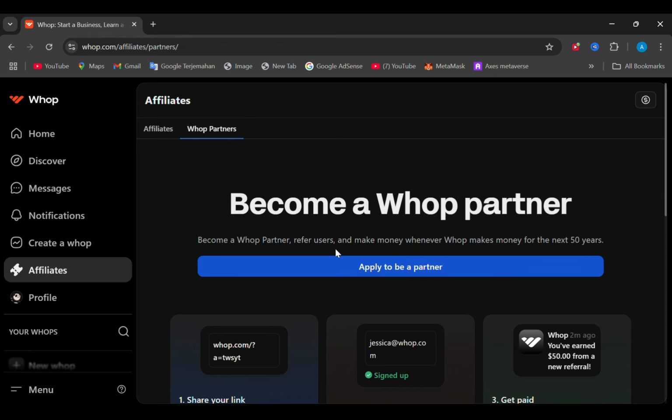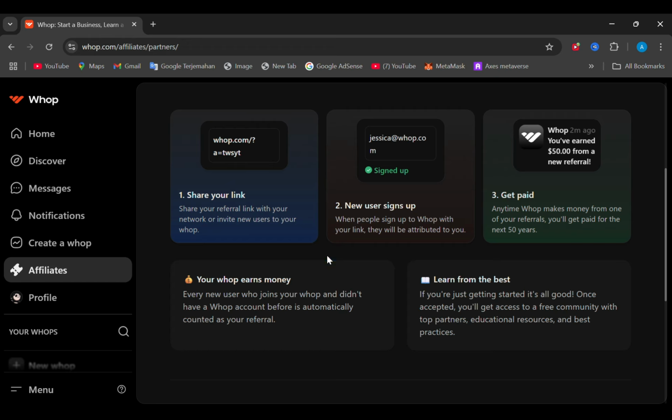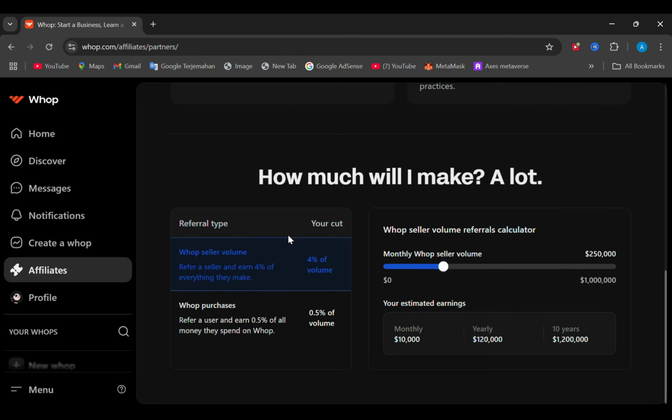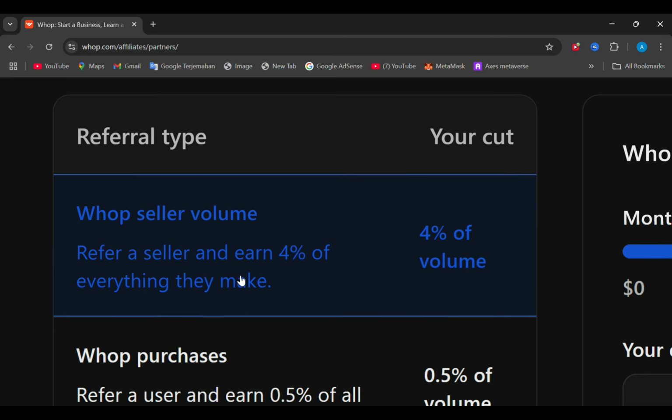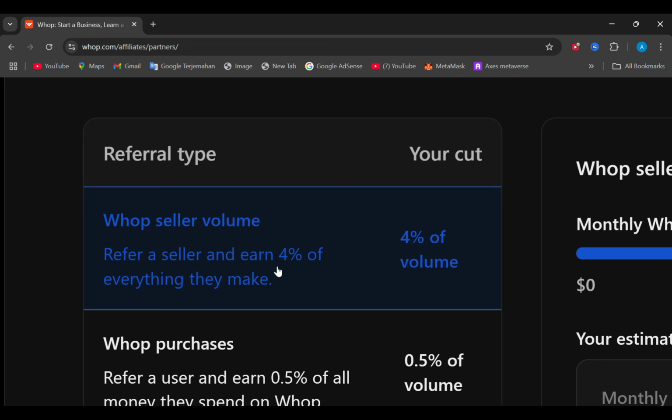Become Whop Partners, refer users, and make money whenever Whop makes money for the next 50 years. So if you share your link, you will get paid anytime Whop makes money for the next 50 years. And this is the calculation. As you can see, you will get 4% of the volume if your referred users are selling products.